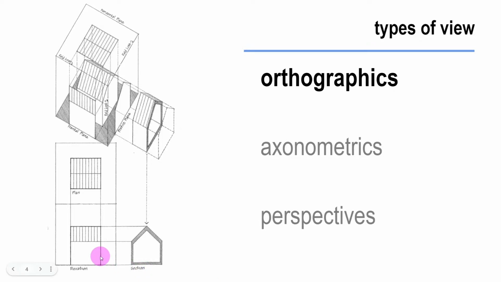Now, in today's lecture, we're going to focus on orthographic style of view, which is a 2D style projection. But the other forms that we're going to look at next week and in the week upcoming for that, since we do have that one break this semester, spring 2022, we have 3D projections called axonometrics, which are isometrics and dimetrics and obliques.